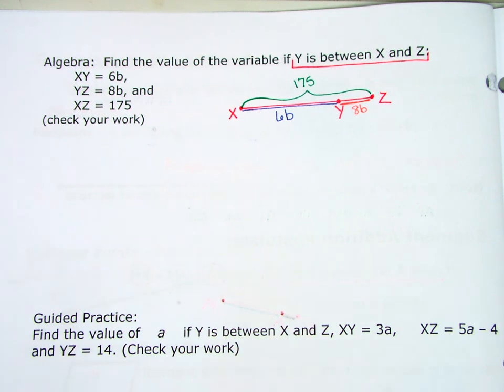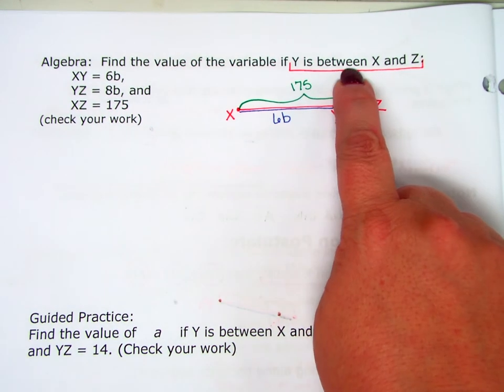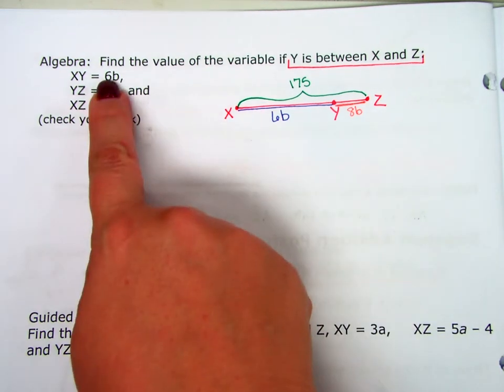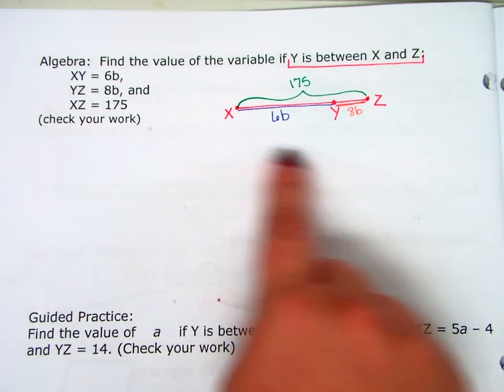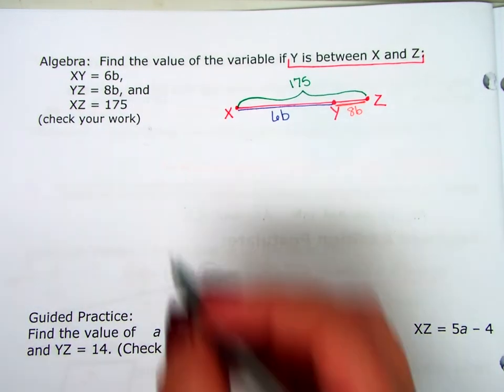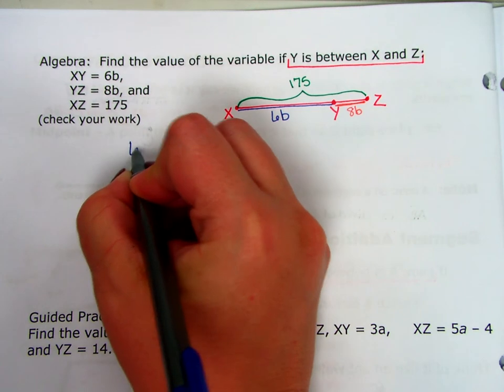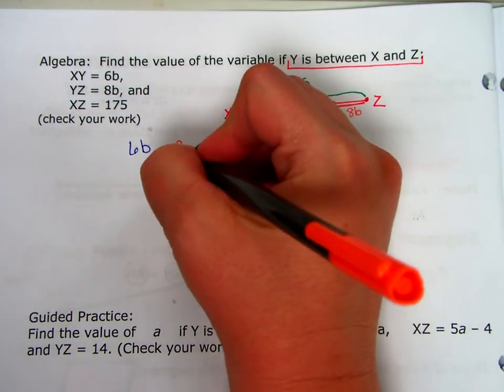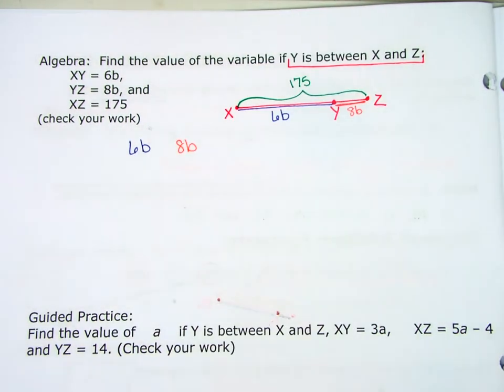Okay? So now when I look at this picture, I know because I have a point between 2 other points, I'm going to use the segment addition postulate. What 2 pieces out of my 3 pieces here, which 2 am I going to add together? 6b plus 8b. Yes, I'm going to do the 6b, the left side, and the 8b, the right side, and I'm going to add them together.